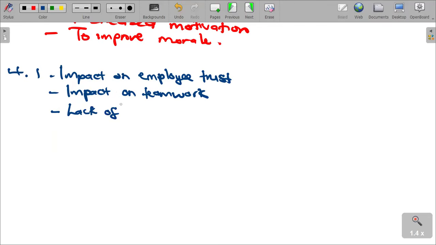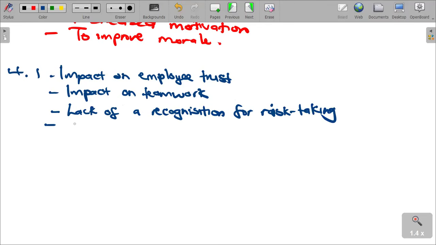Even if someone took a risk to accomplish a goal, the risk is not recognized.